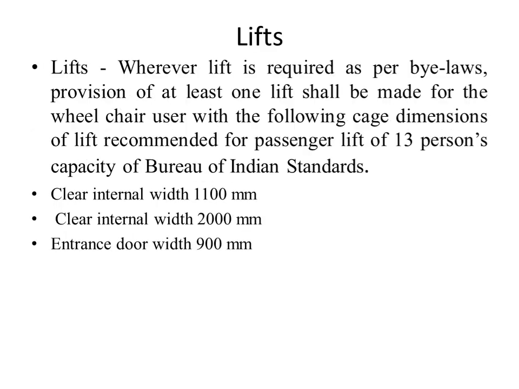Then lifts. Wherever a lift is required as per the bylaws, provision of at least one lift shall be made for the wheelchair user with the following cage dimensions of lift recommended for a passenger lift of 13 persons capacity as per the Bureau of Indian Standards. The clear internal width shall be 1100 mm, clear internal depth shall be 2000 mm and entrance door width shall be 900 mm.